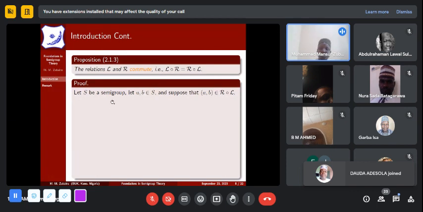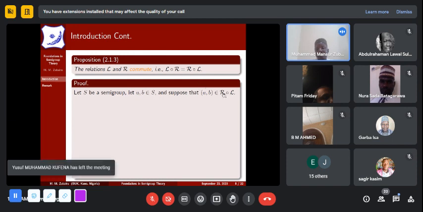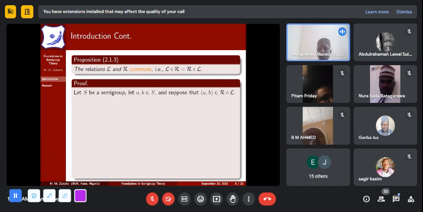Now let S be a semigroup and let A, B be in S, and we now try to pick an element in R composition L. Of course, the other way around has been shown in the text, but let's show this one. So if we pick A, B in this, by definition of composition, it means you can find some C in S such that A is R related to C and C is L related to B. That's the meaning by the definition of composition.